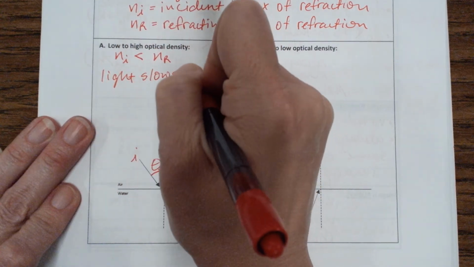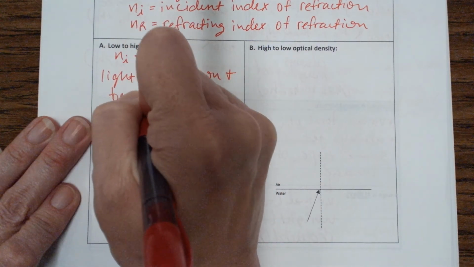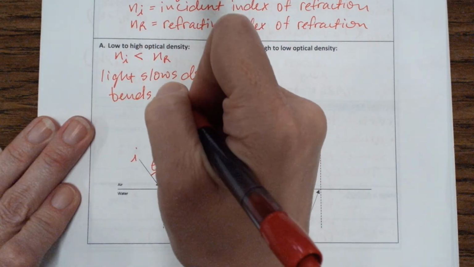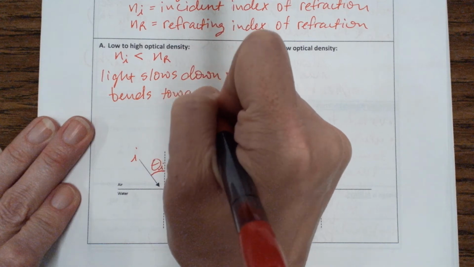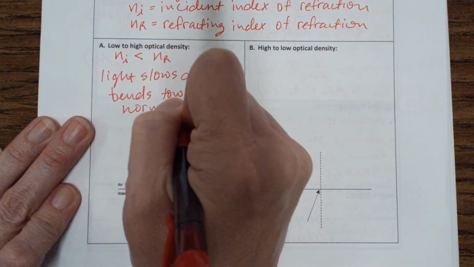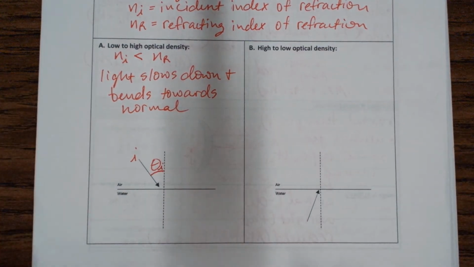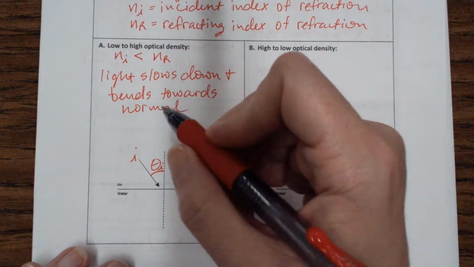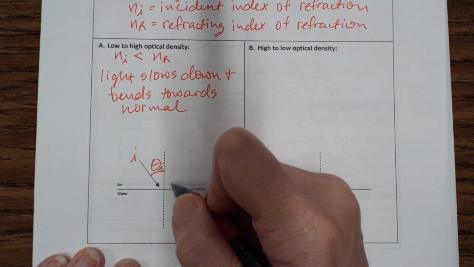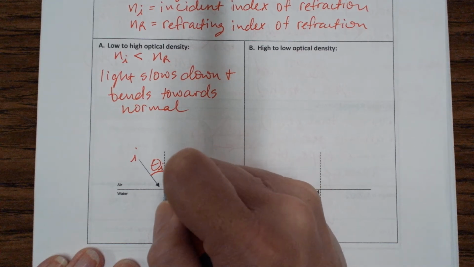Now, if you're going from low density to high density, light slows down, so it bends towards the normal. The normal is this line drawn perpendicular to the surface. My theta_i is here, so my refracted ray would be closer to the normal.